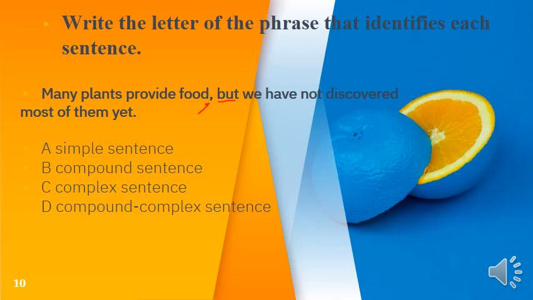I have two clauses. Compound? Yes, because the compound has a conjunction like and, but, or. Do I have a but here? Yes. Is it complex? Do you see any after, if, since, because? No. Compound and complex, we have only two, not three clauses.